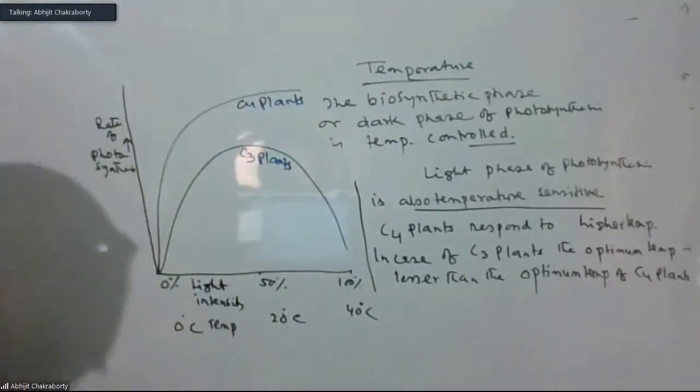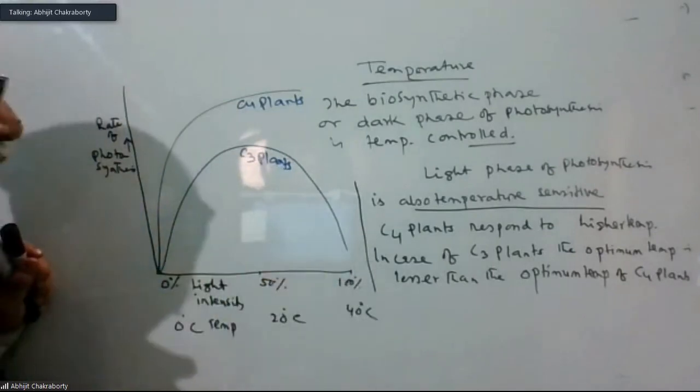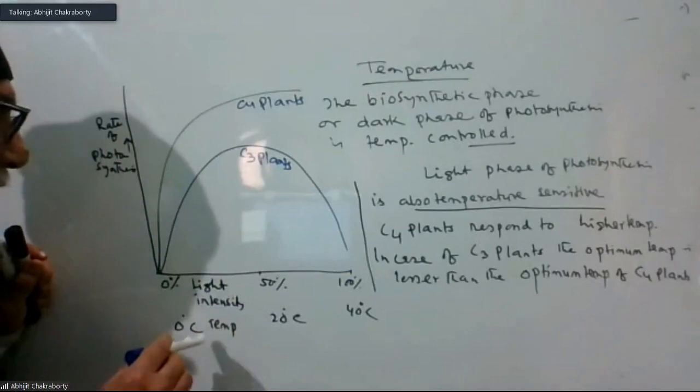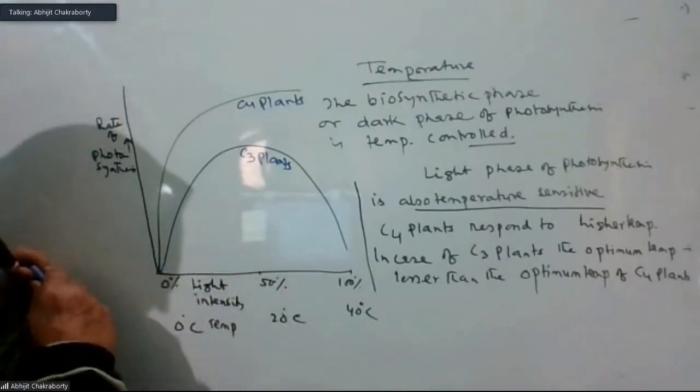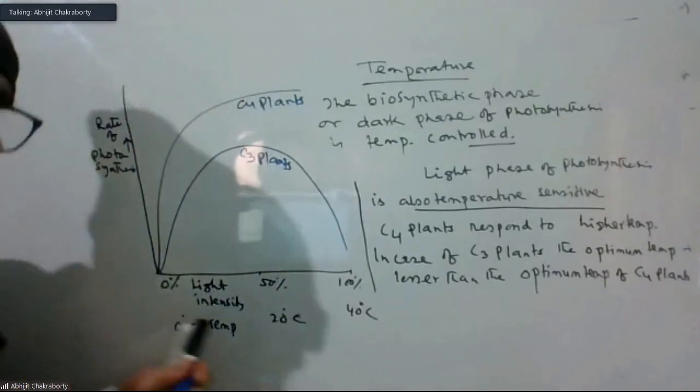And in case of C3 plants, the role of light intensity and temperature gradually decreases with higher temperature, higher intensity of light and higher concentration. But in case of C4 plants, it is not affected by this. Are you getting me now?